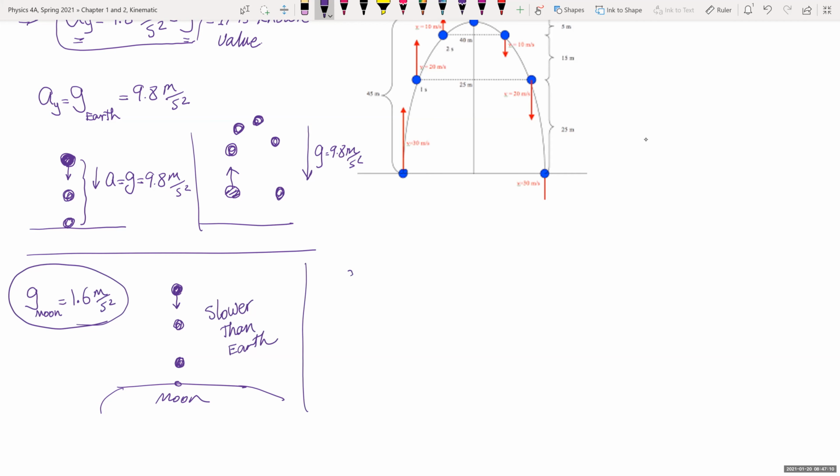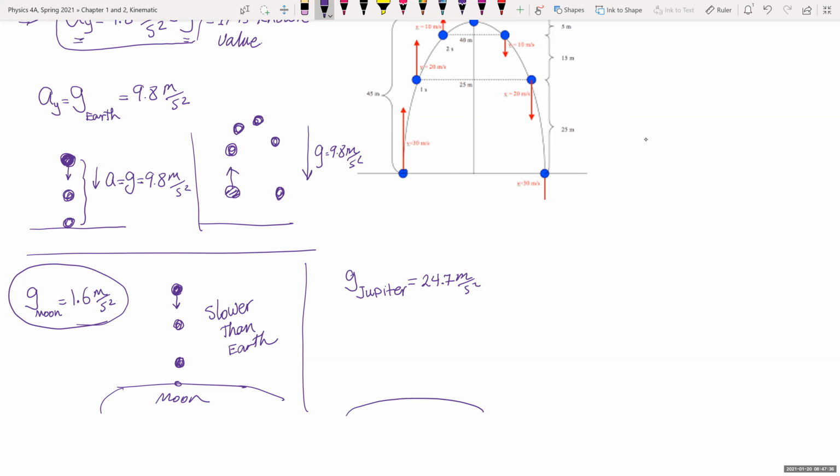For example, if I go on a planet, let's say Jupiter, do you know how much g is on Jupiter? It's like 24.7 meters per second squared. It's almost 2.5 times the gravity acceleration of planet Earth.